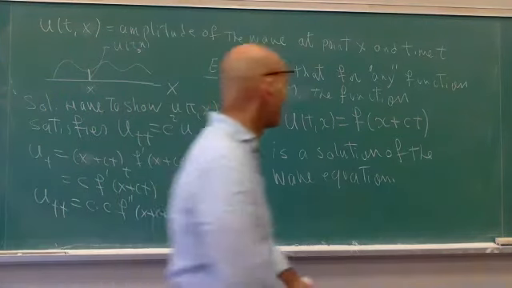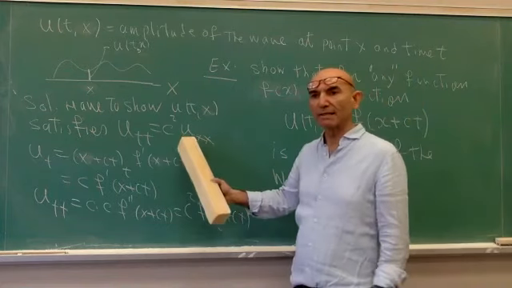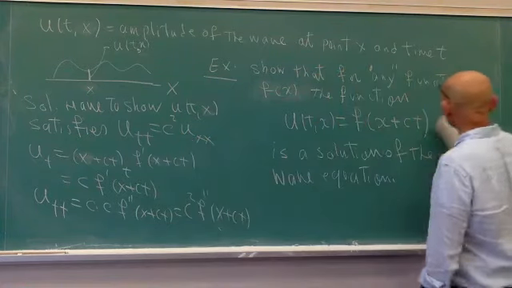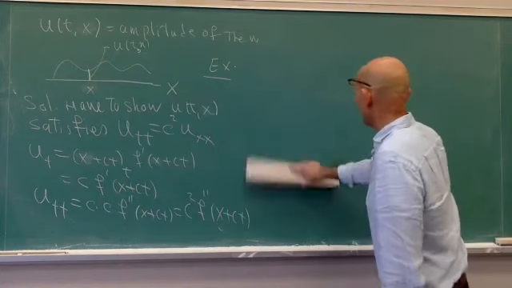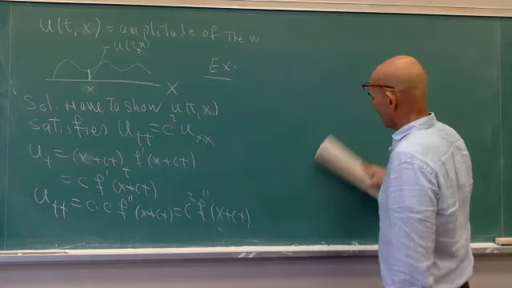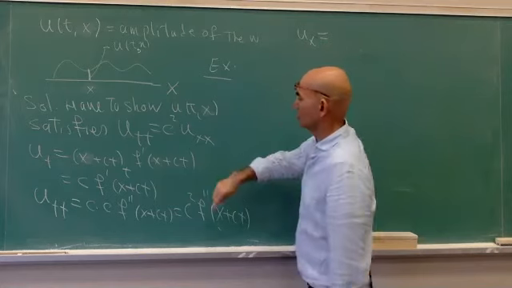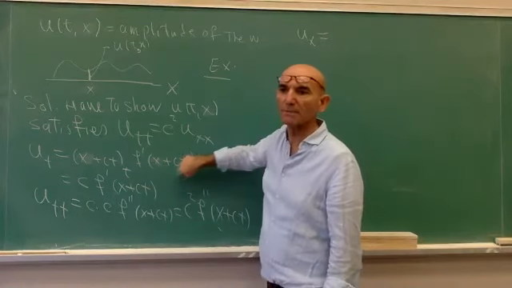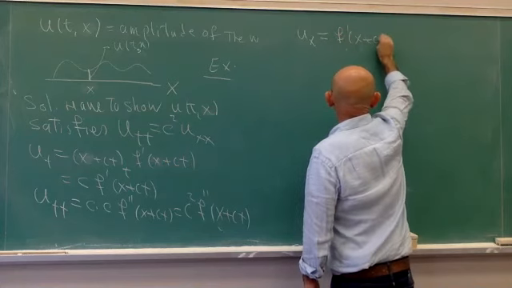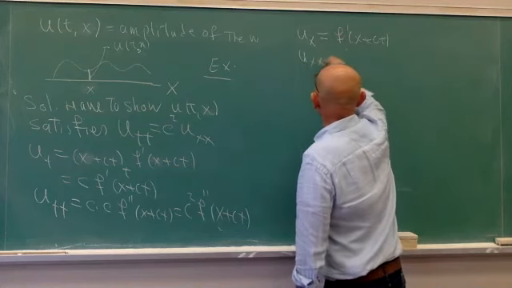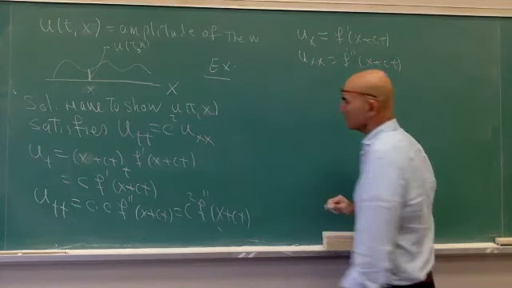Now we have to compute u_xx also, but u_xx is also very easy. u_x is just f prime at x plus ct, and u_xx is equal to f double prime at x plus ct.